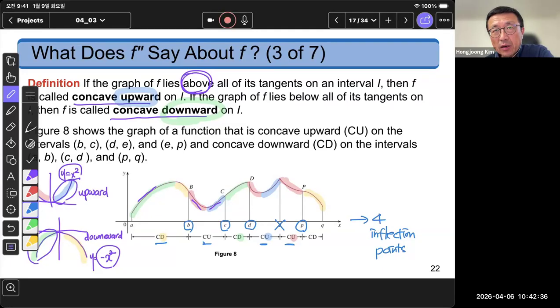So E is not an inflection point. So this is the definition of the inflection point in mathematics. So when you read the newspapers and if somebody says inflection point, that is different from our definition.